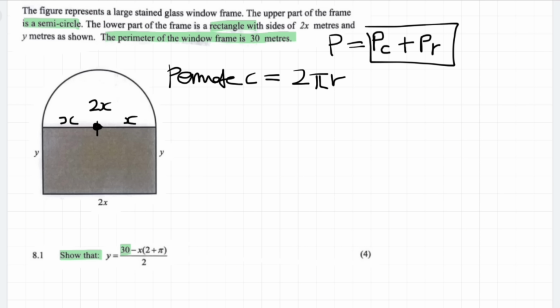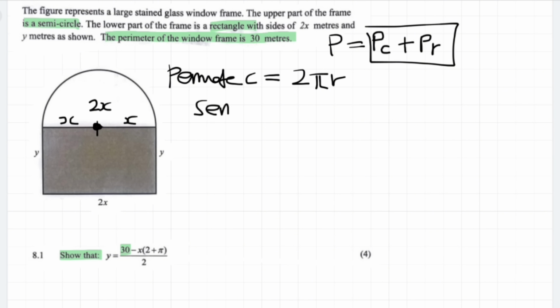This is the perimeter of the full circle. I also teach this, guys, on that kind of a playlist if you want to go through that. And this is for a full circle, but here we have a semicircle.